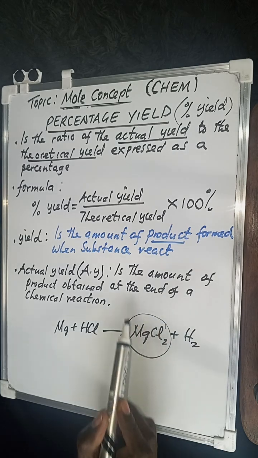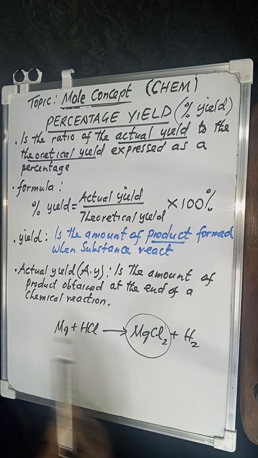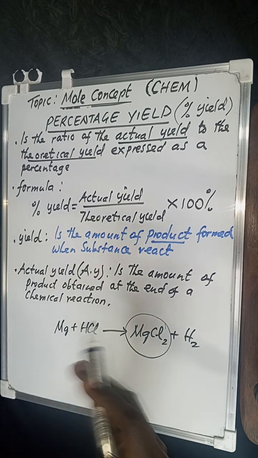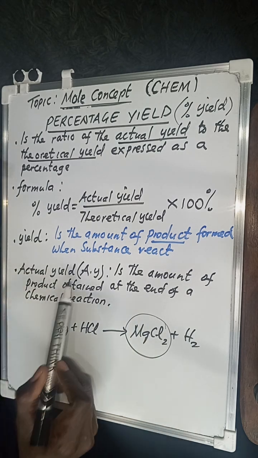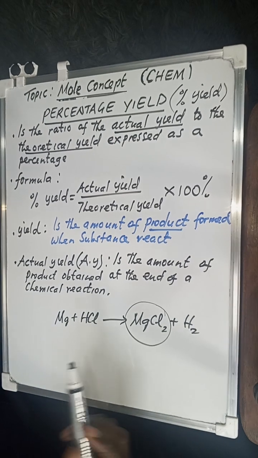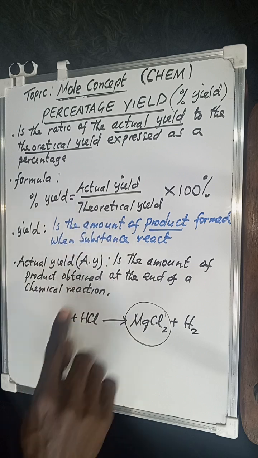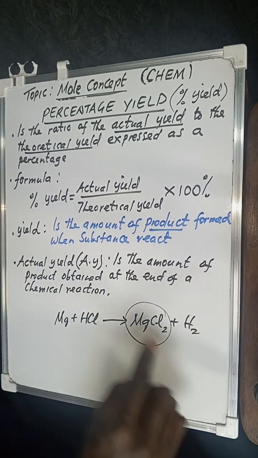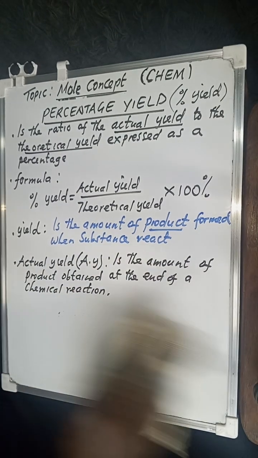So what you get when carrying it out experimentally, the amount of product that you get when experimenting in the lab, that is what we call the actual yield. On the other hand, when you calculate the same product from a balanced chemical equation, that is what we call the theoretical yield.